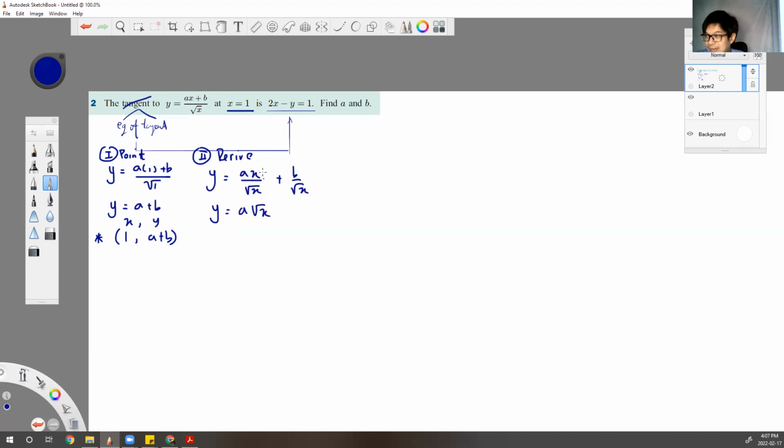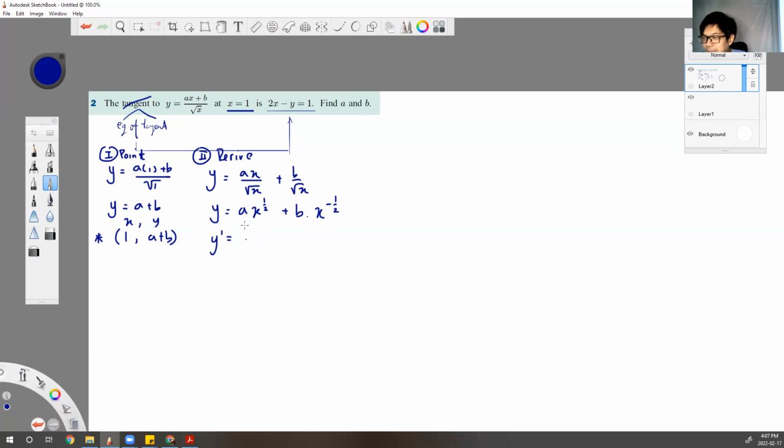ax over square root x, right? Just change it to a x power 1 minus half, right? So a x power half plus b times x power negative half, because it's on the denominator and it is a square root. If you have any trouble with this, just use u over v, up to you. Just use the quotient rule. But this case will be a lot easier, so you don't have to think about the v squared, and you don't have to write the symbols u, u', v, v', and so on.